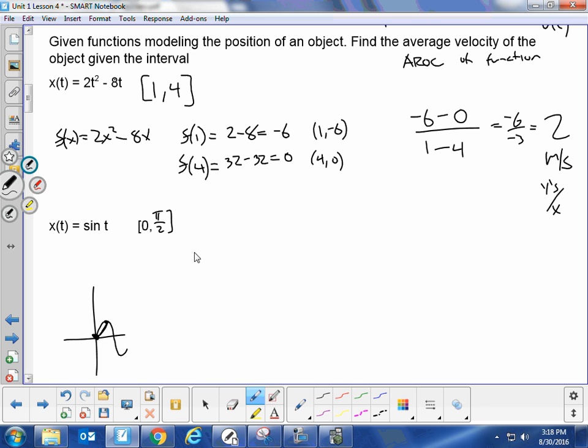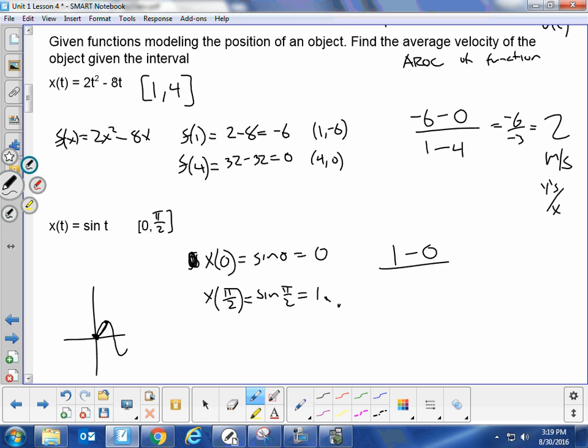So I would just need the 2 function values. I'll use x of t here. So x of 0, sine of 0 is 0. And then x of pi over 2, sine of pi over 2 is 1. Okay, giving me this 1 minus 0 is the change in my position.